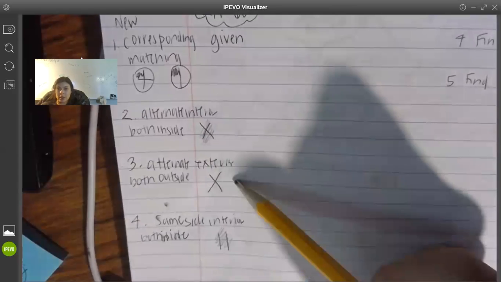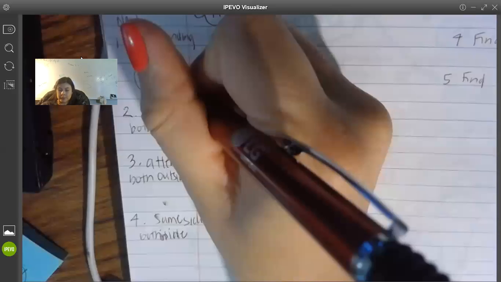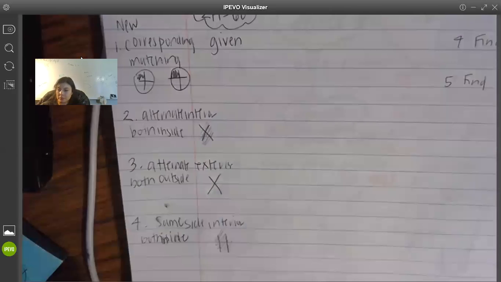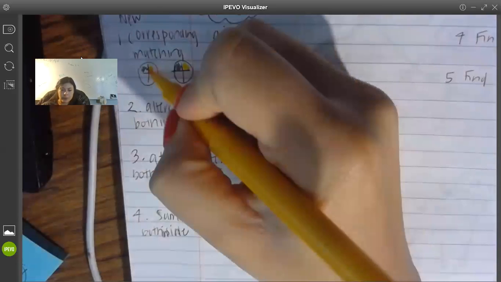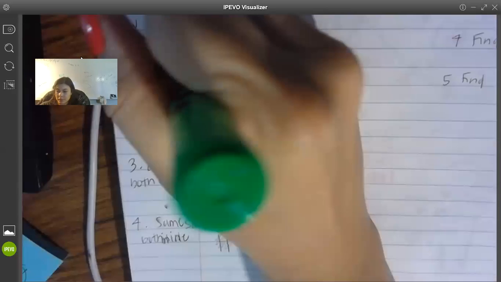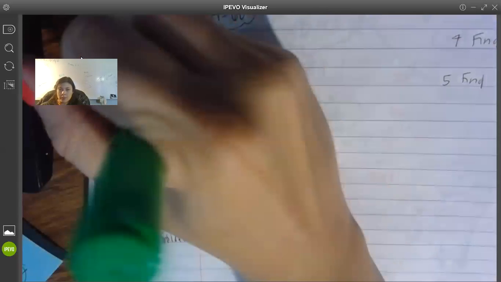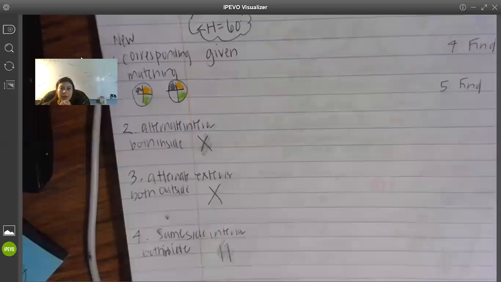These are both outside, and these are matching. See how they match. Those are the matching kind.